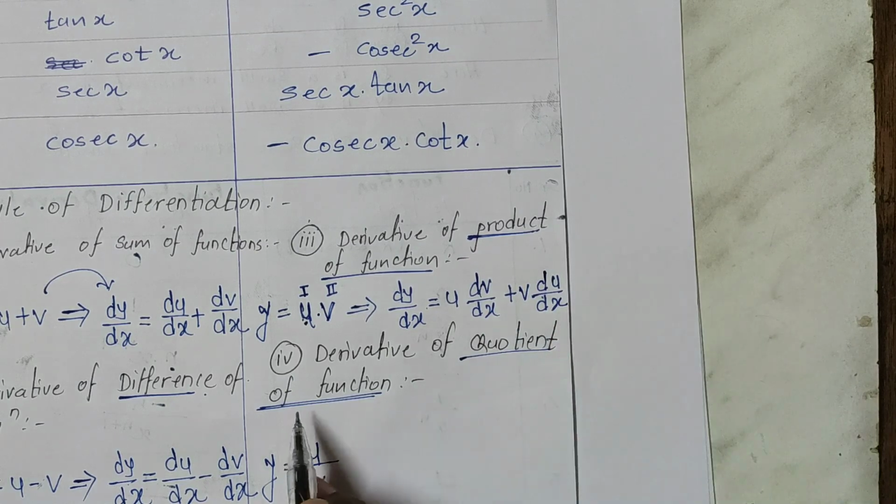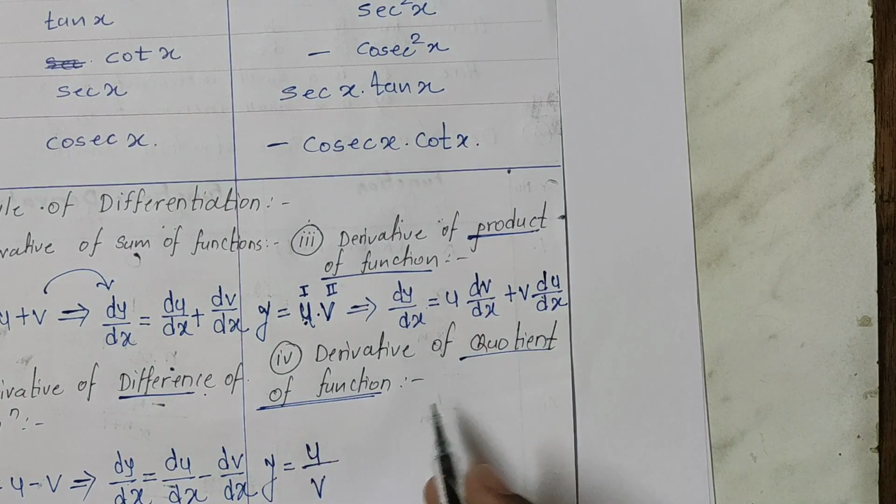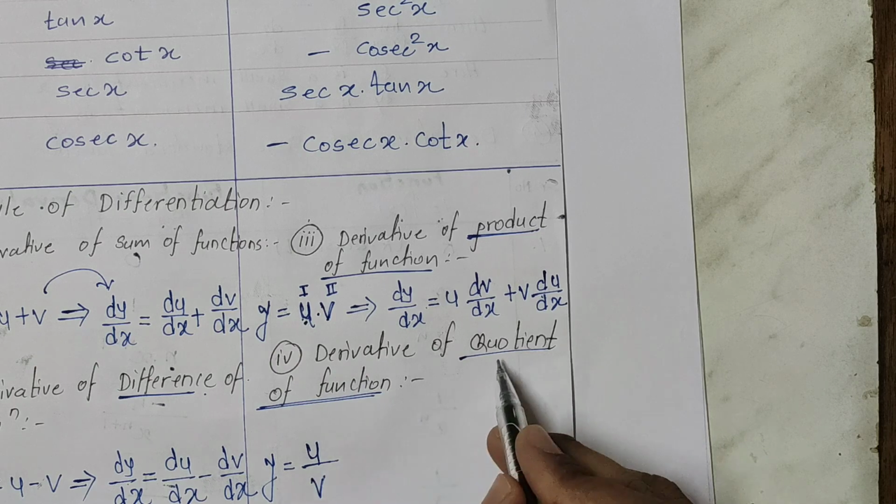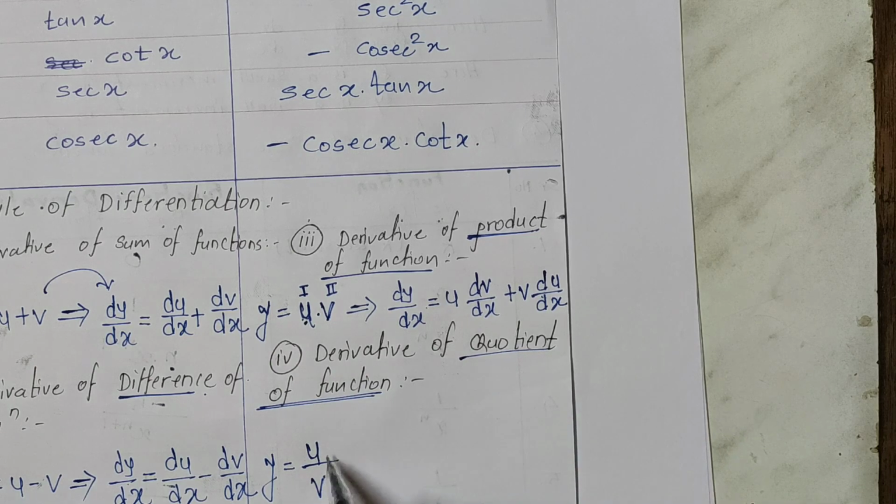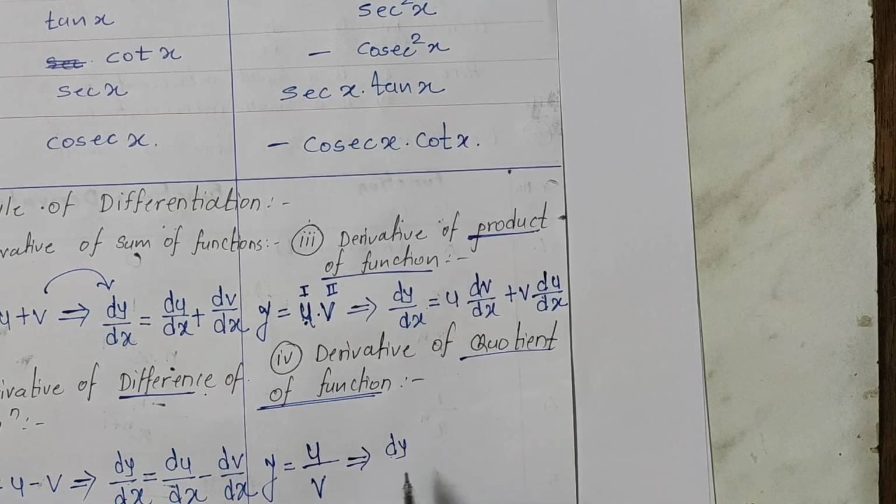Okay, then next rule, derivative of quotient function. Quotient function means u upon v form. If any two functions are in u upon v form, then we use the derivative of quotient function formula. Y is equal to u upon v. Then how to find its derivative?